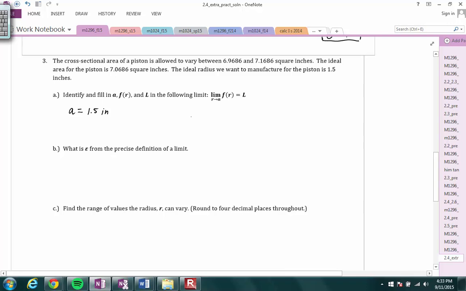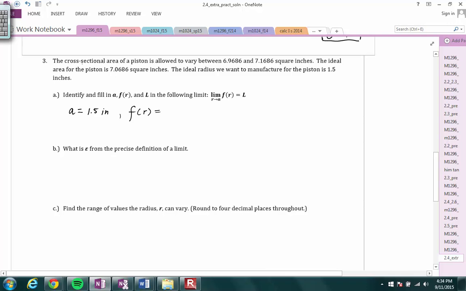And you don't really need the units here, but I wrote it down anyway. Okay, next thing, what is f of r? Or what's the output that depends on r? It's the cross-sectional area of a piston, and I should have told you that it is a cylindrical piston.